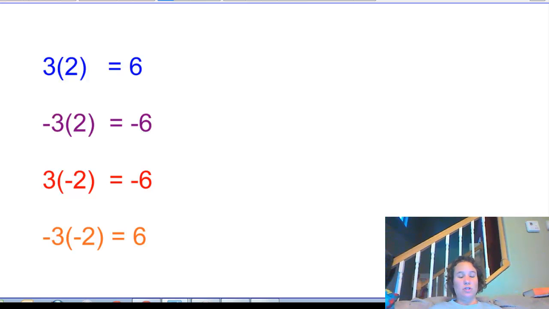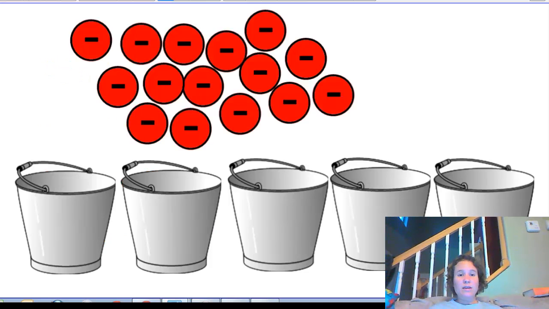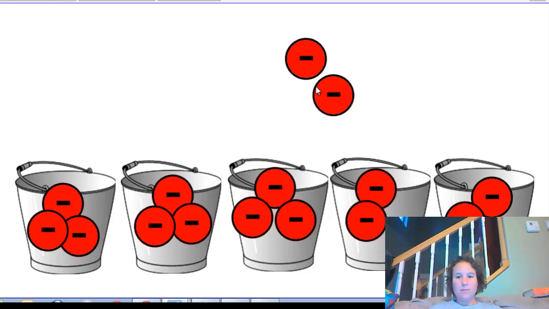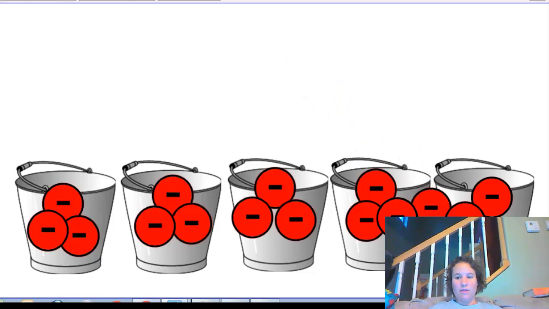So what happens with division? Is it the same? If you think about division as taking a large group of something and dividing it up into equal parts. So let's say I want to take all of these negative signs and divide them up into my buckets here. I have 15 negatives here, and I'm going to divide these up amongst these 5 buckets. So I'll just start dealing them out, putting 1 in each bucket. So I divide these up, and I end up with 3 in each bucket.